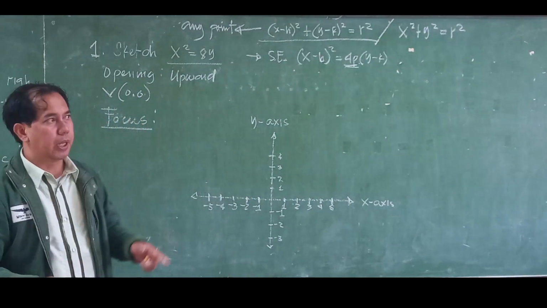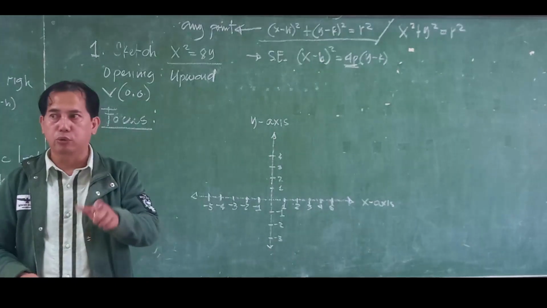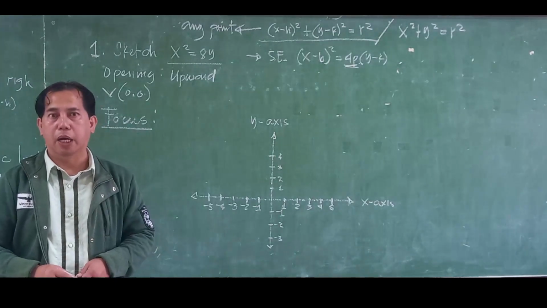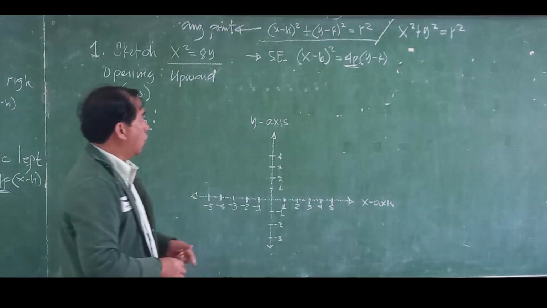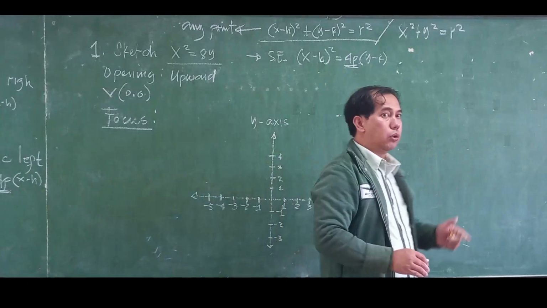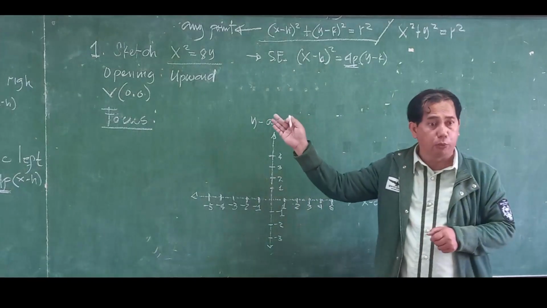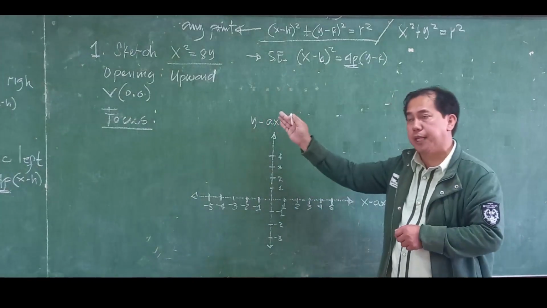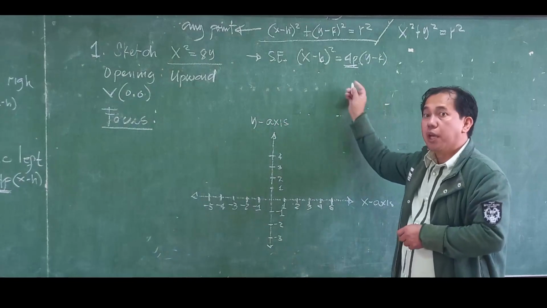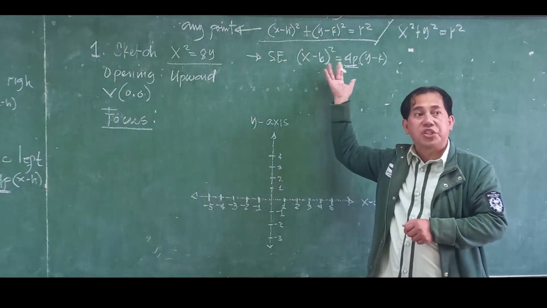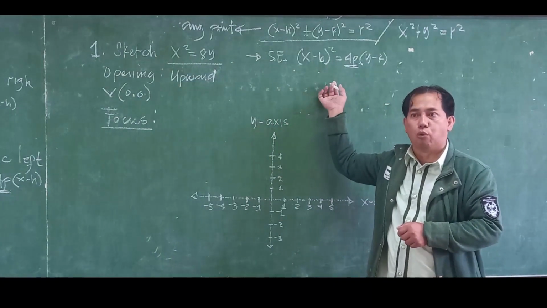That is the line segment coming from the vertex going to the focus. Tama ba? Okay. Now, we need to determine the value of p because we do not have that in the problem. Do we have it? There is none. So what are you going to do? Get the standard measure of the latus rectum.